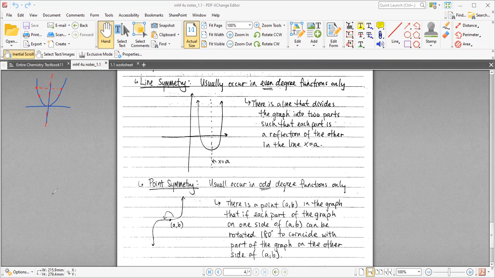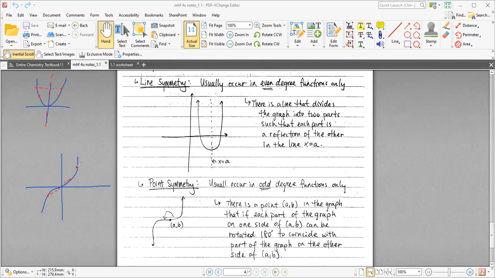Now, point symmetry. On the other hand, the point symmetry, an example is going to be like this. If I take any point in this part, connect it to this, and continue the same way, I get the other part of my graph.